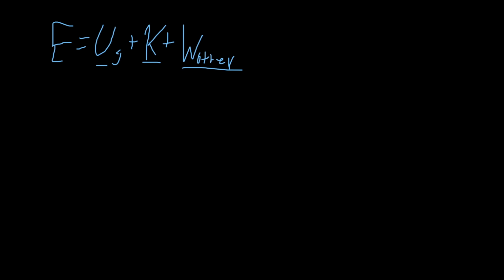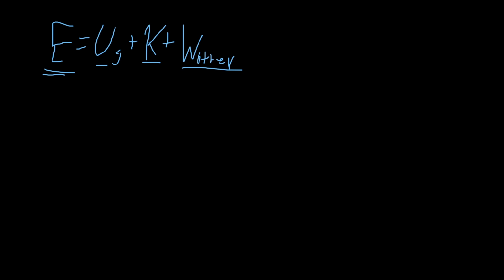You can tell that if the work other is positive, this means you're increasing the total mechanical energy, because this work other eventually becomes either kinetic or potential. We're just writing it here to show all the forces. If this is positive, it will increase the total mechanical energy, but if it's negative, it'll decrease it.